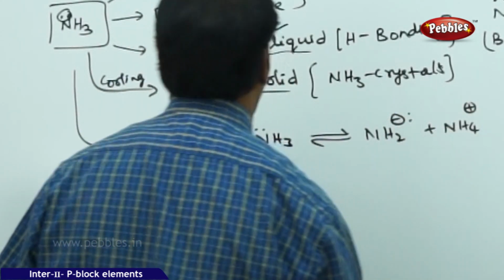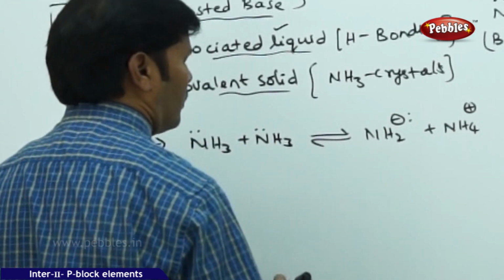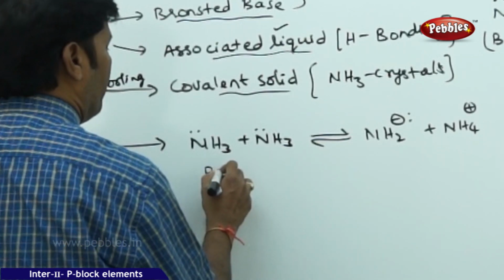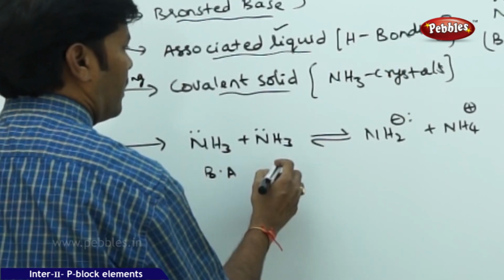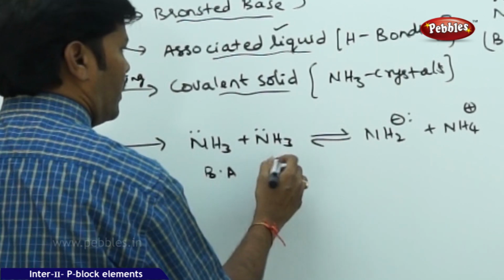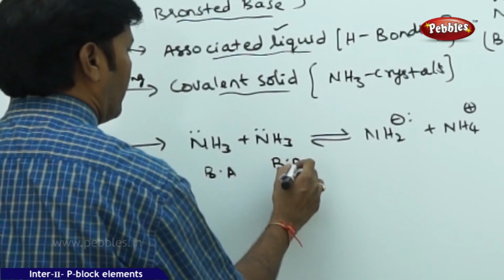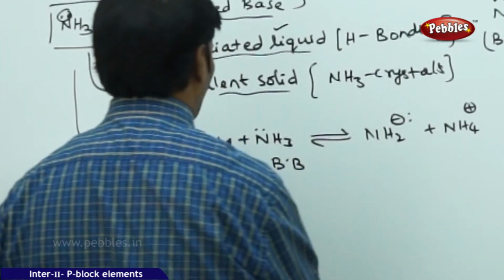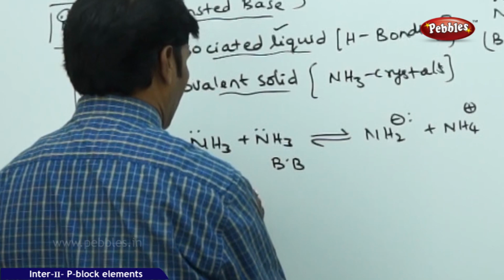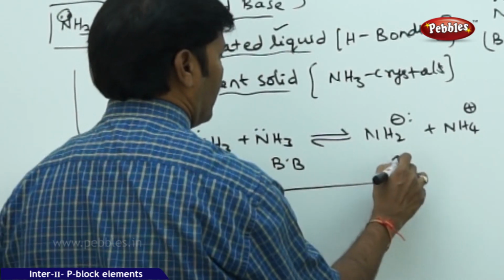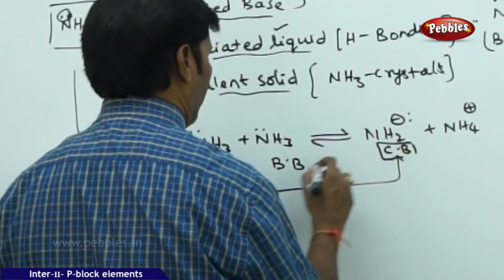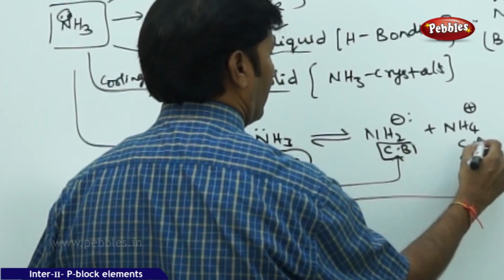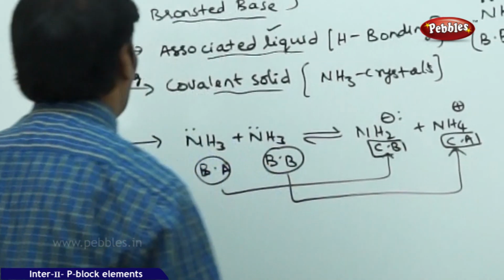That means one is acting as a Bronsted acid and the other is acting as a Bronsted base. The Bronsted acid loses one proton and forms NH2 minus. So for this Bronsted acid, NH2 minus is the conjugate base, and for this Bronsted base, NH4 plus is the conjugate acid. This is called self-ammonolysis.